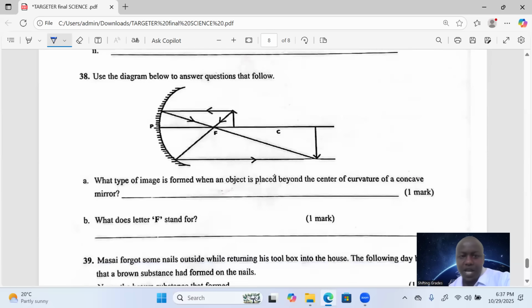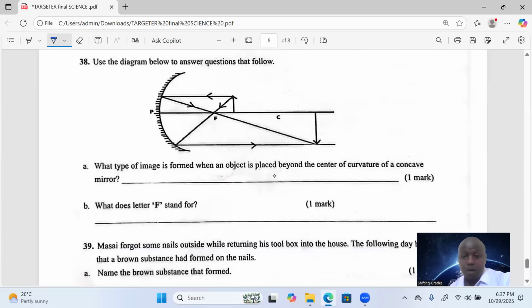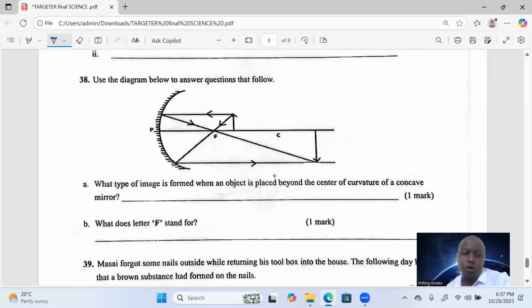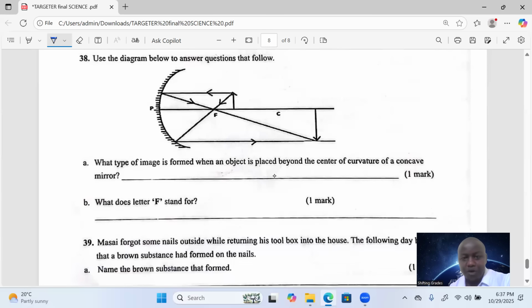Now use the diagram below to answer questions that follow. This is a concave mirror, a curved mirror which is concave in nature. You can see an object between F and C. The object has been drawn and the image formed.